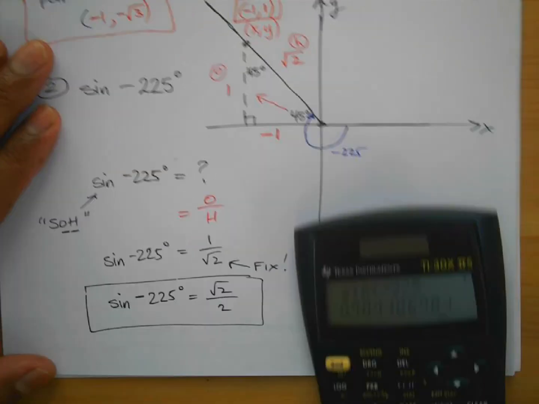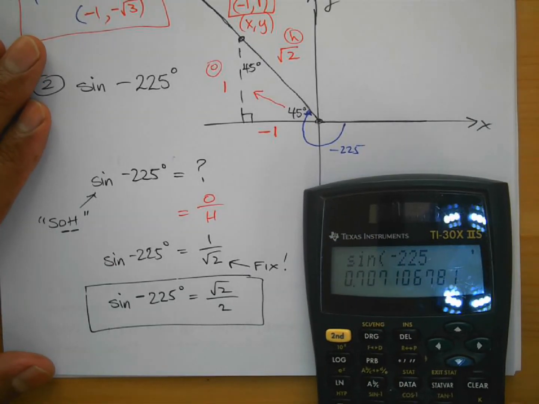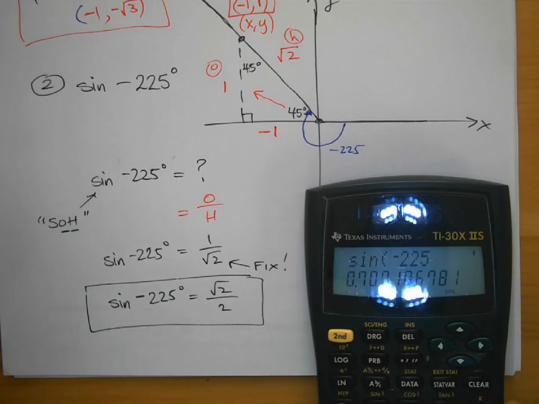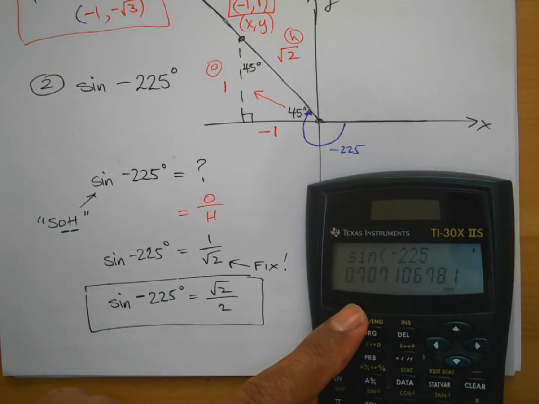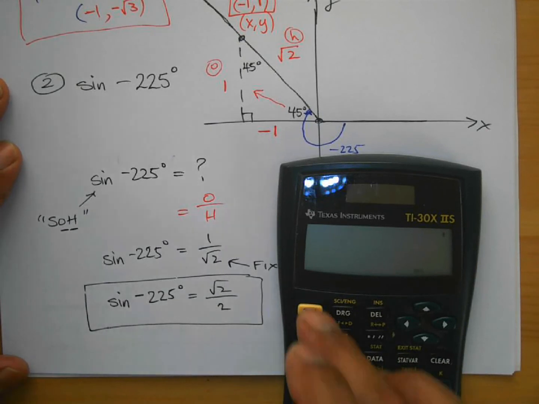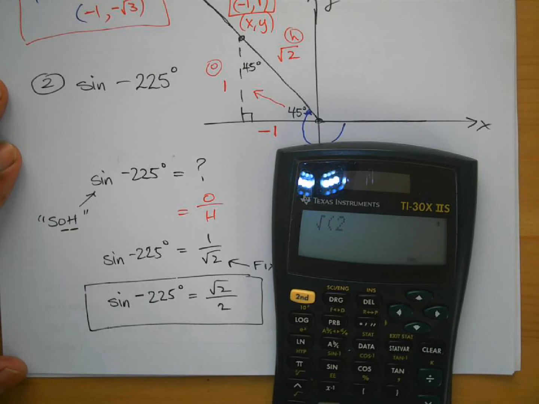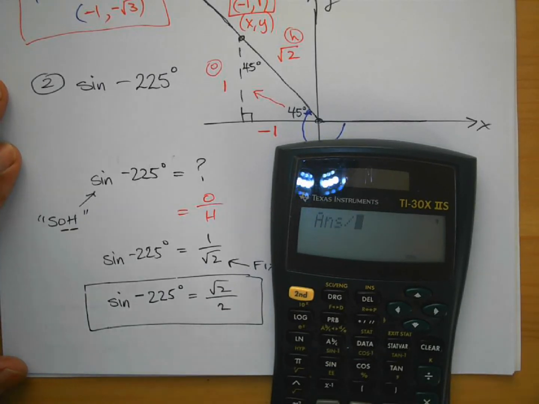Now remember when I did the sine of negative 225 right here on the calculator, it gave me 0.707106, blah, blah, blah. Now let me check. If I push this in the calculator, it's going to give me the same thing. Watch, check this out. I'm going to put the square root of 2, get the answer for that, and divide by 2.